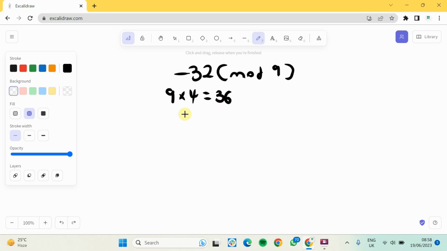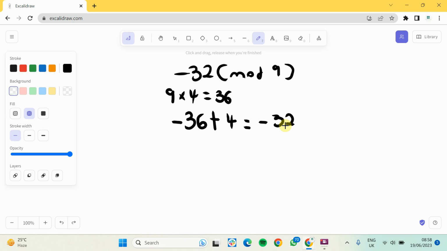So another way of expressing this minus 32, look at something. If I borrow 36 naira, which is minus 36, and I pay 4 naira back to the person, how much do I owe the person now? I owe 36 naira and I paid 4 naira. So I owe the person minus 32.